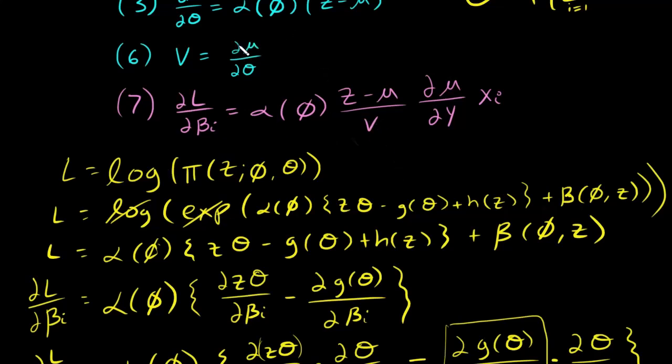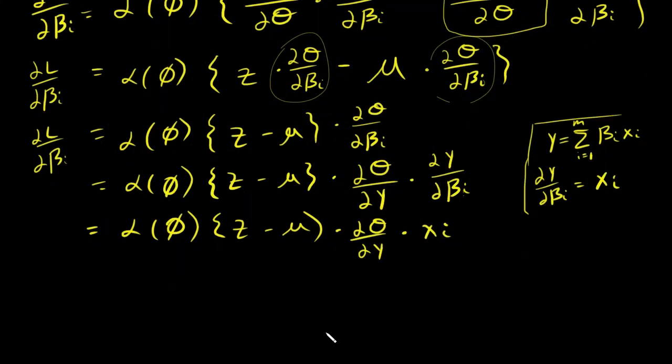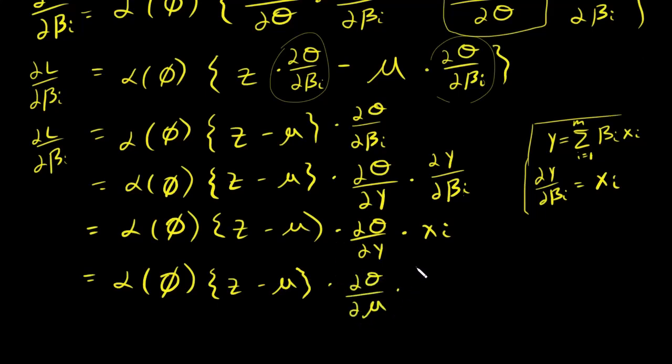So I see d mu d theta. So let me go ahead and do chain rule one more time. d theta d mu, and then d mu dy times xi.